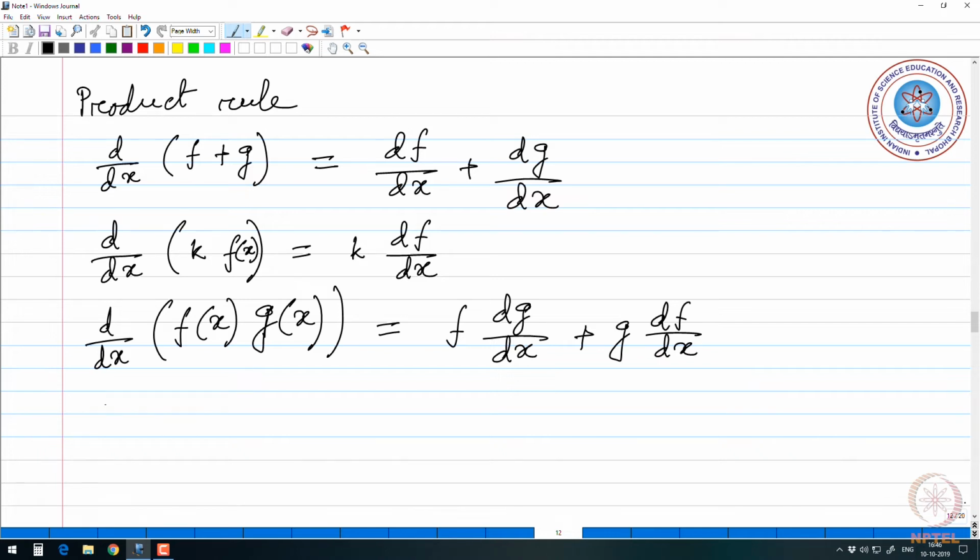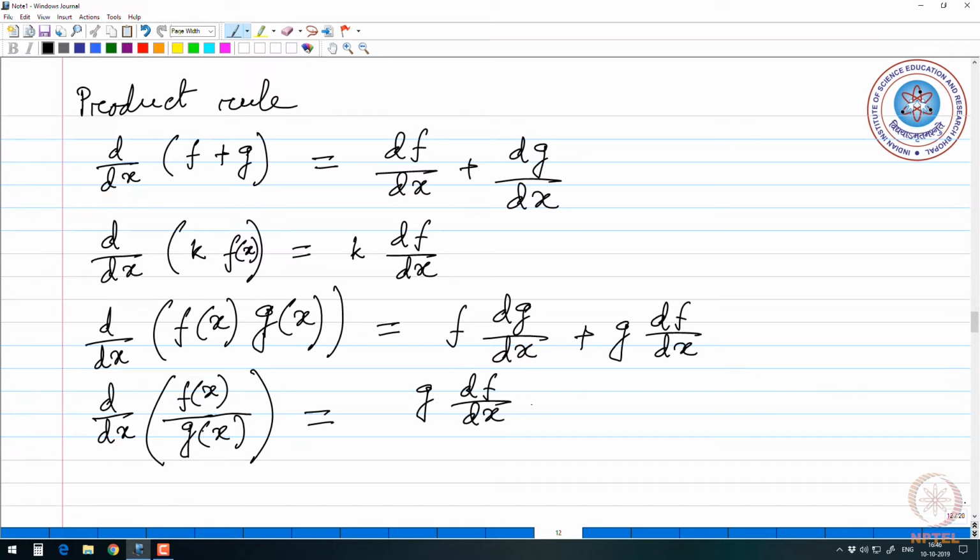And if we have the quotient, then the quotient rule comes, that is, if we have f(x) divided by g(x), we get g df dx minus f dg dx, divided by g squared, the denominator squared.